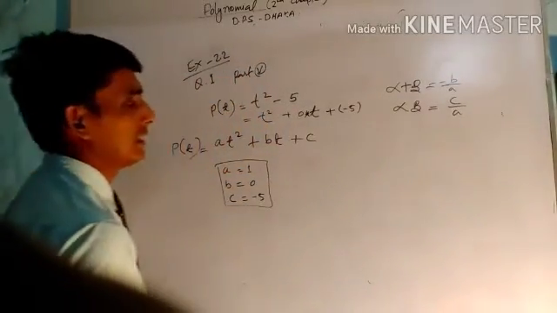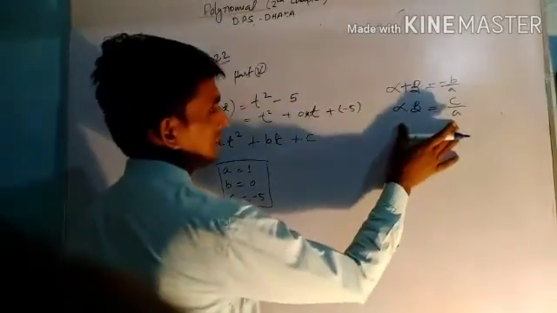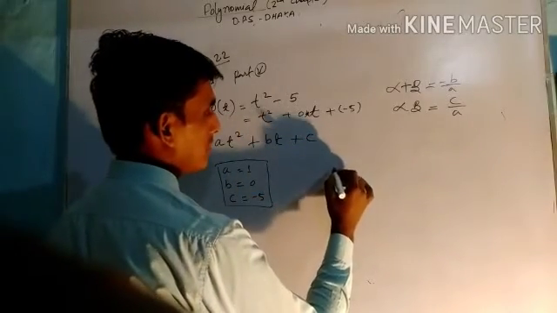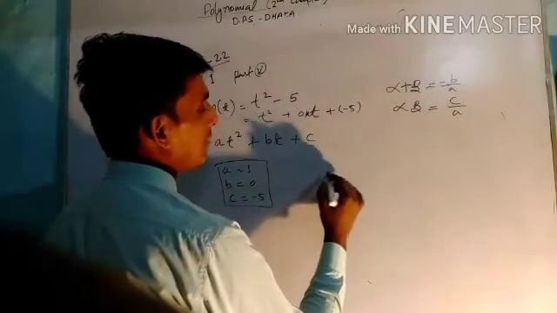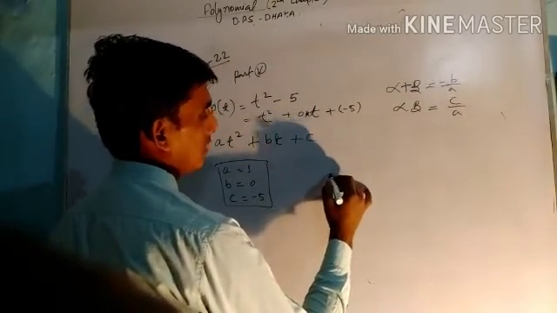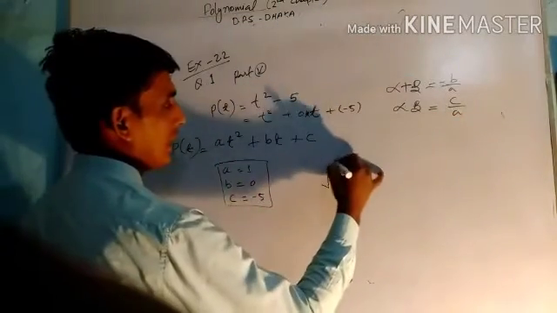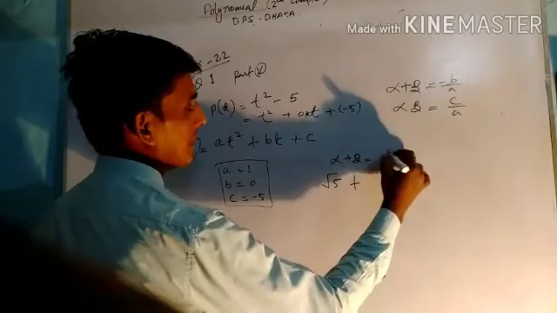Now we will verify whether it satisfies this given identity or not. So here we have alpha plus beta. Alpha we have got root under 5. Alpha plus beta is equal to minus b by a.